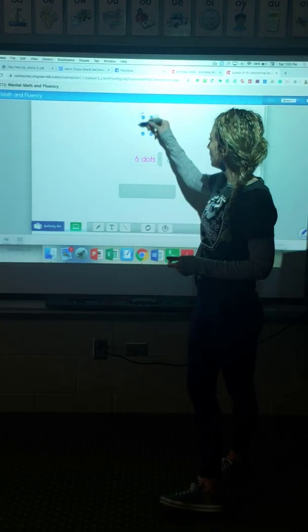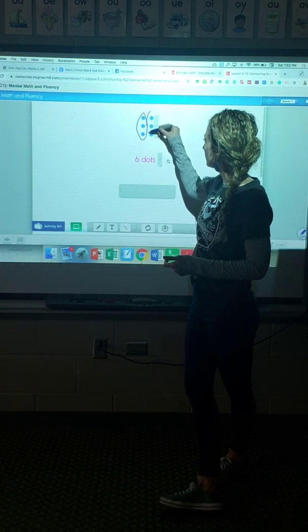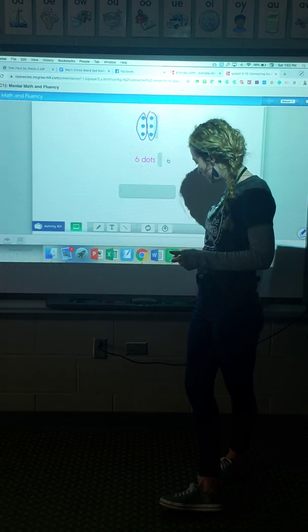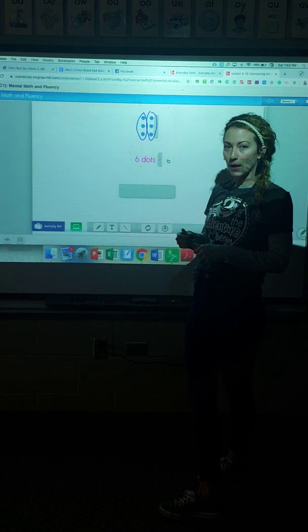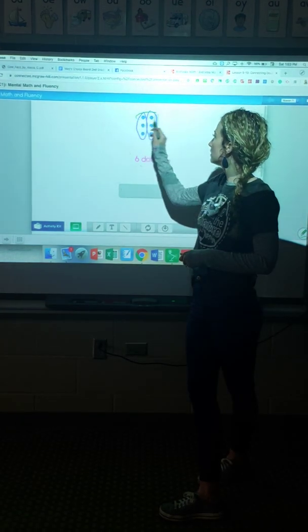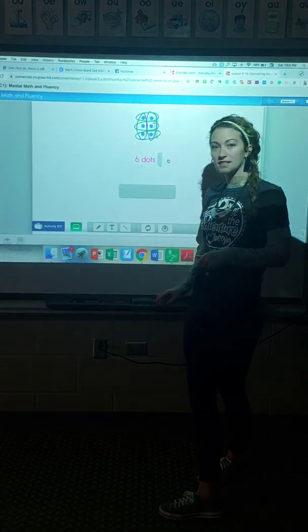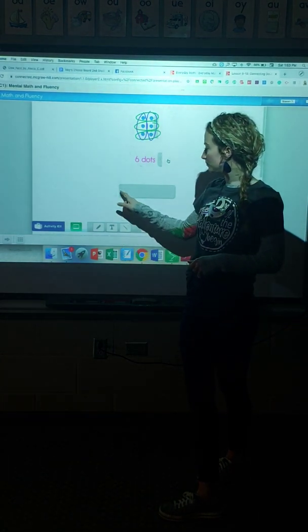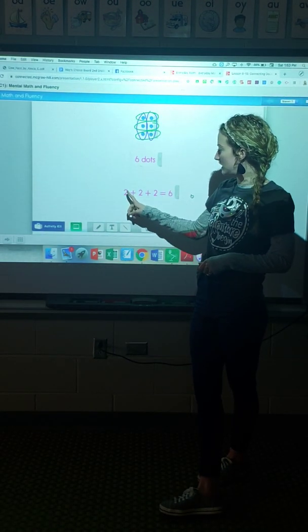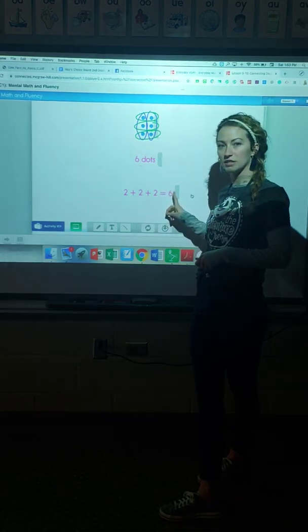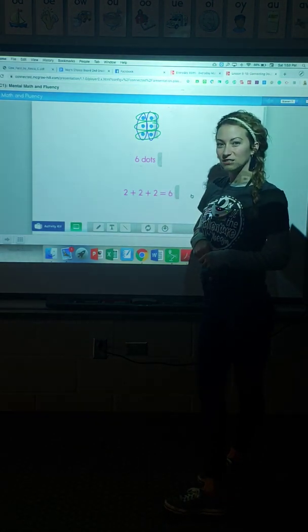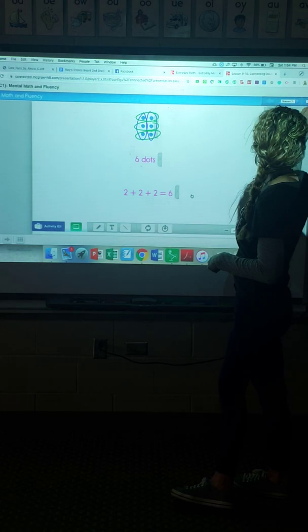Remember, we could do a number model that looks like this, 3 plus 3, or we could do a number model that looks like this, 2 plus 2 plus 2. So let's see what the board gave us. Okay, so they did 2 plus 2 plus 2 equals 6. Okay, we'll go to the next one.